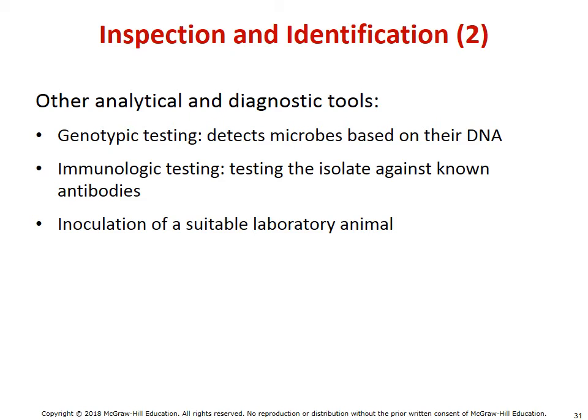I do want to take a second to emphasize the genetic testing and immunologic testing. These things are really the future. Again, there is variability in biochem testing that we just don't traditionally see in genetic testing or immunologic testing. And so the idea is we can be safer but also more accurate in our identification of the pathogens by using these techniques.